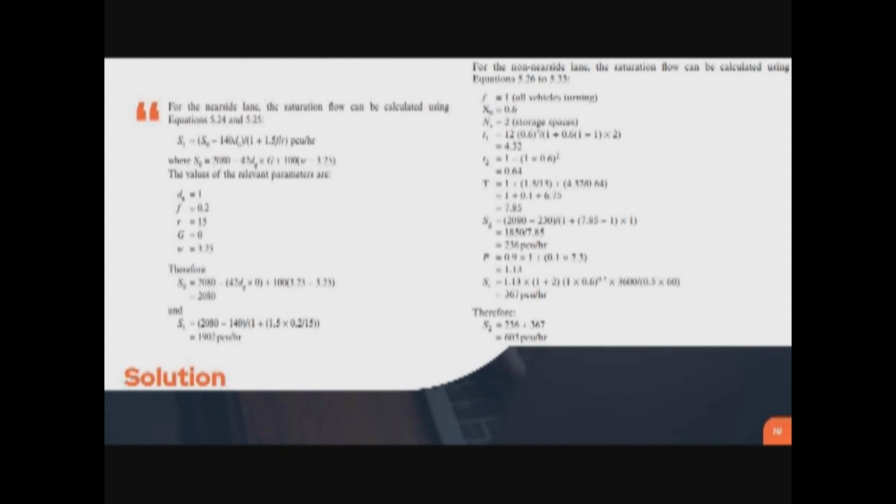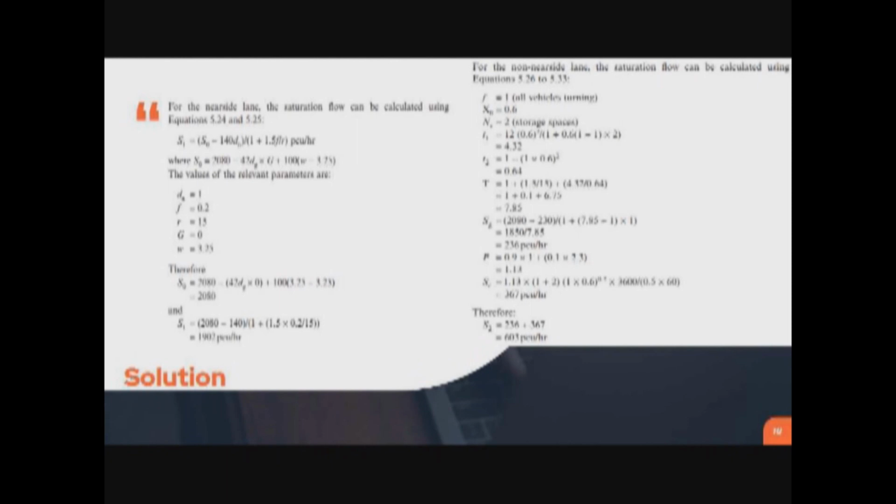Then we will solve for t sub 1, in which we will substitute the numbers, and we will get 4.32. And then for t sub 2, substitute everything, and we get 0.64. The big letter T, we have 7.85.